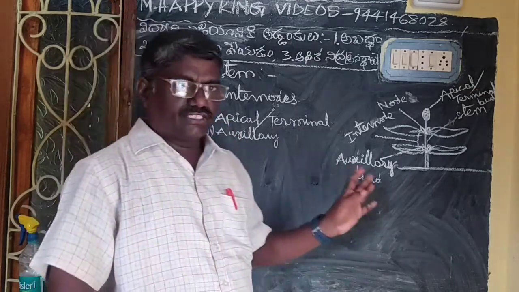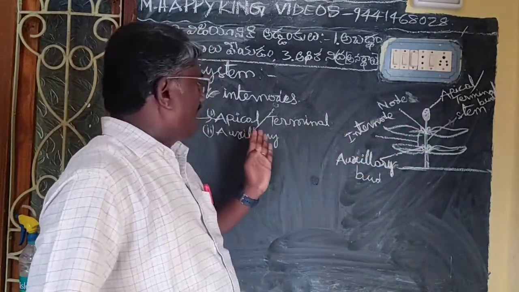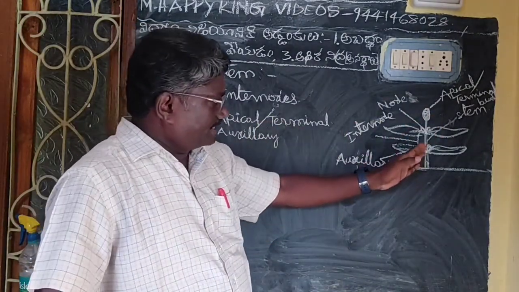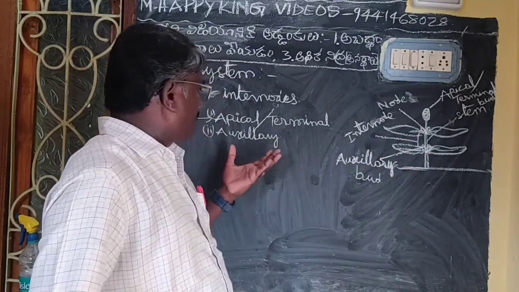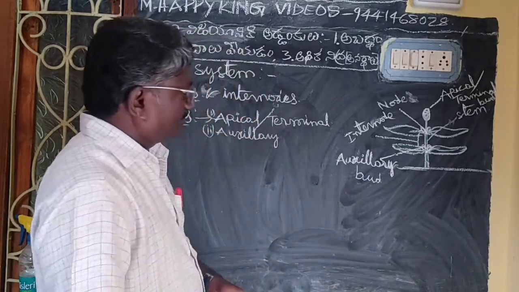According to their location, at the tip of the stem it is called an apical or terminal bud, and at the place of the axils of the leaves, such buds are called axillary buds.